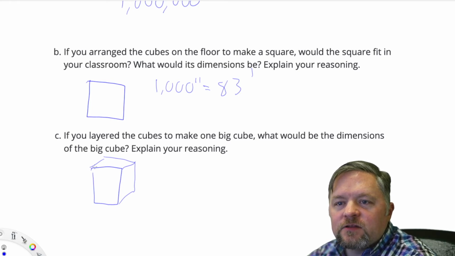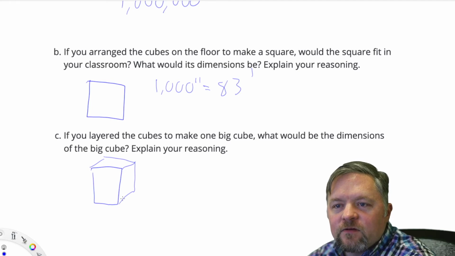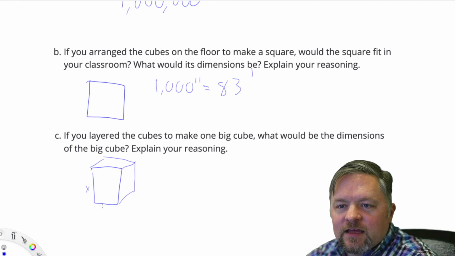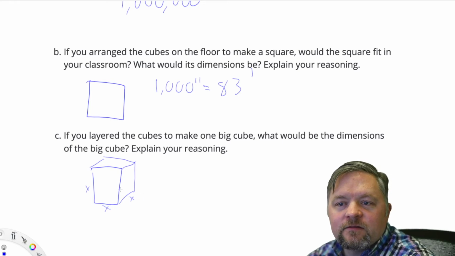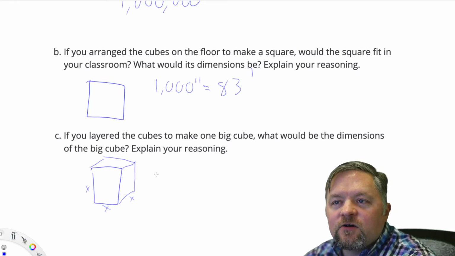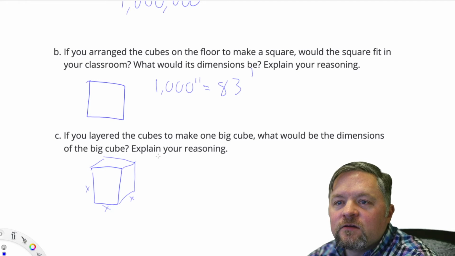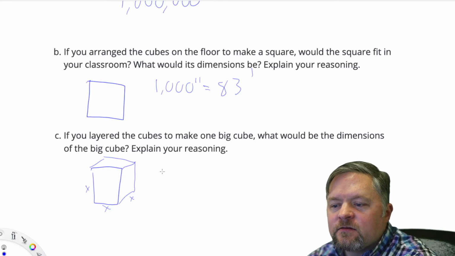What do I multiply by itself 3 times? Because this by this by this. Length, width, depth. So I need to know what cubed is 1 million.